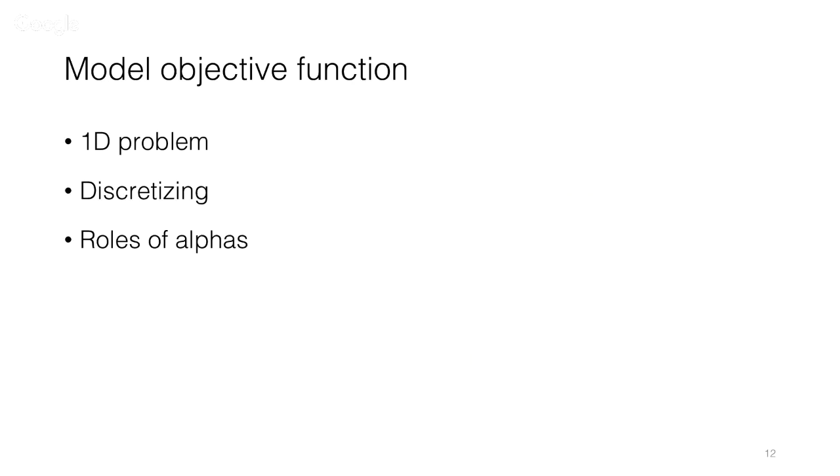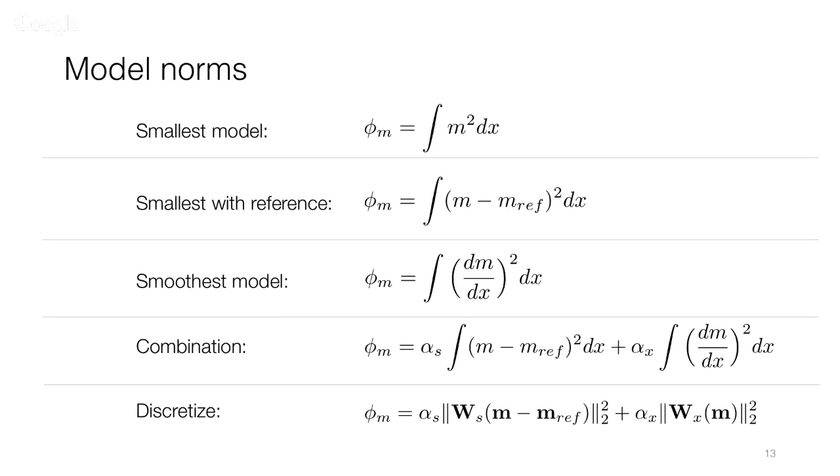What I want to do is look at one toy problem, and then we'll look at discretizing things and then the role of those alphas. The model norms we showed before could take many different forms: smallest with a reference, smoothest, or some combination.